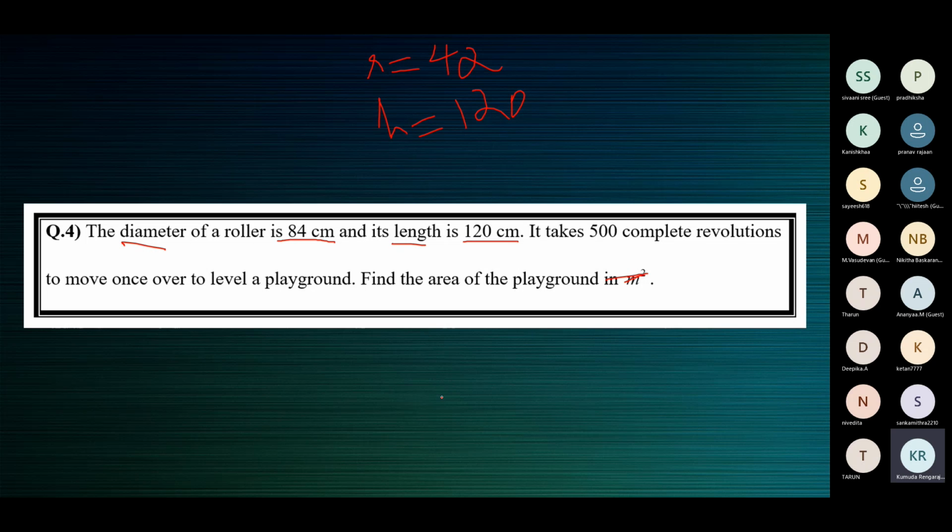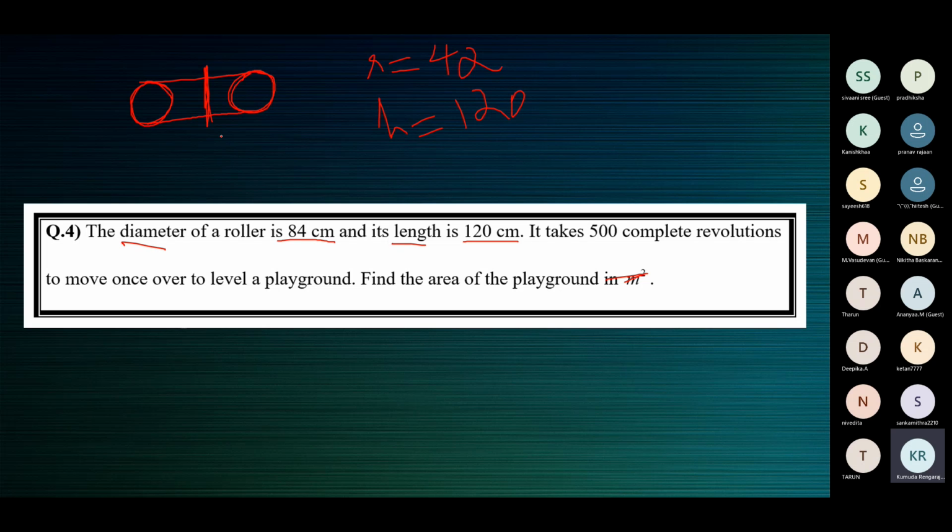Now, what part of the roller? The roller has two areas: one is the total surface area, the other is the curved surface area. Now the roller is like this. When the roller rolls over the ground, these circular ends do not rub the surface of the ground. It's only the CSA that rolls.